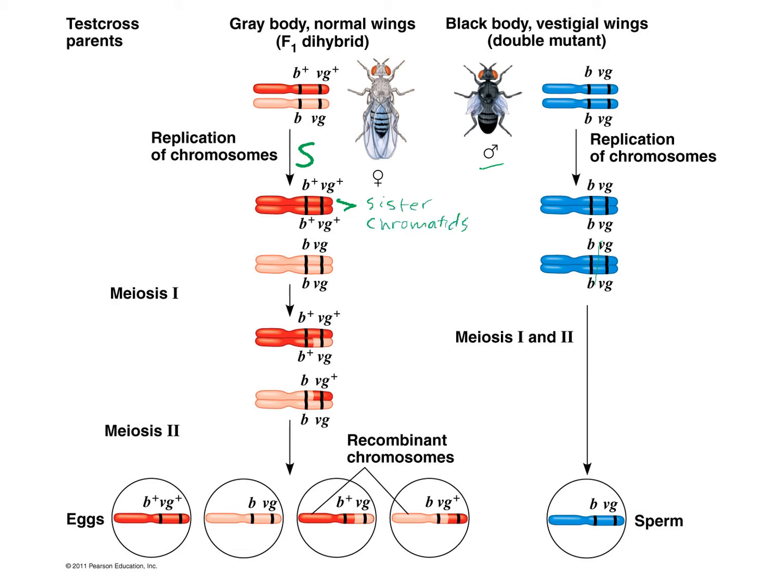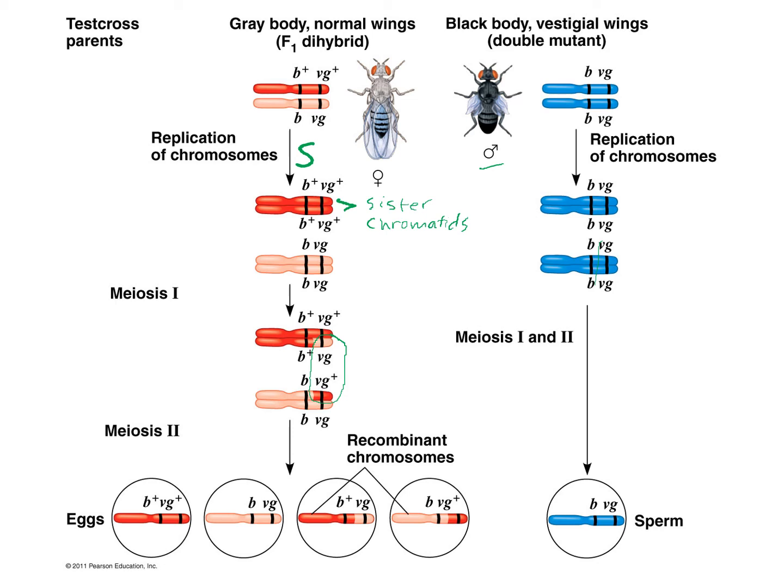And then during prophase 1 of meiosis, those two homologous chromosomes would line up right next to each other, and we could have crossing over happen between them. Okay, so that is the swapping of DNA, and that's what we see in this part of the drawing here. It's the physical swapping of DNA.